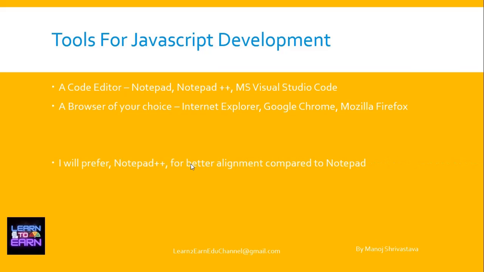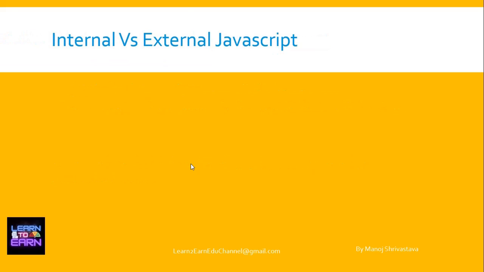I will prefer Notepad++ for better alignment compared to Notepad, and I will use my Chrome browser. I have added links for Notepad++ and Microsoft Visual Studio Code in the description. If you want to use them, you can download them by clicking on those links.